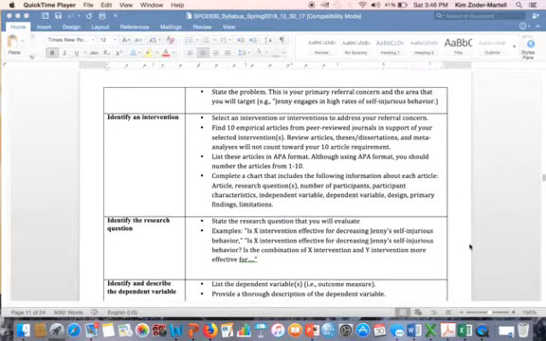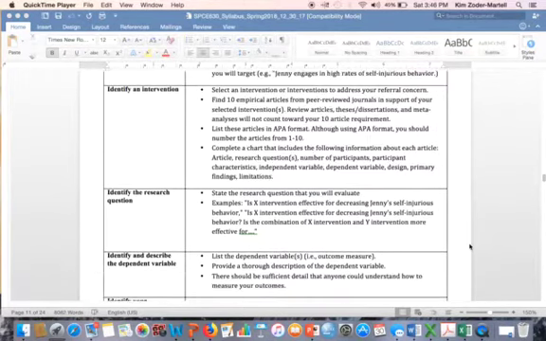Or is the combination of graph feedback with verbal feedback more effective? So you are simply going to write a sentence about what the research question is. And your research question in clinical practice is going to relate back to whether or not your intervention is effective for your referral concern or to address the problem.